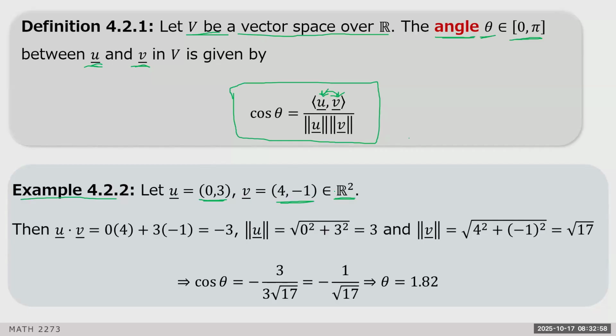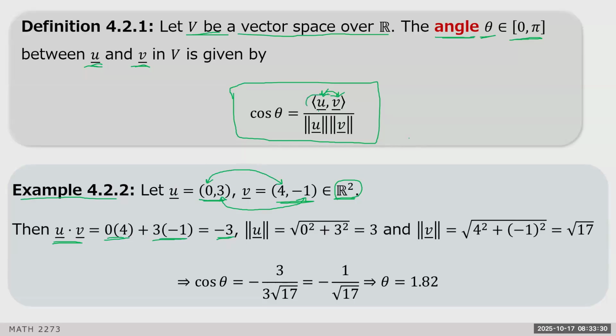Since we are in R^n, in this case n is 2, we could use the scalar product or the dot product. Remember how you do it? It's the first component by the first component, so 0 by 4, plus the second component by the second component, so plus 3 by -1. And that gives -3.